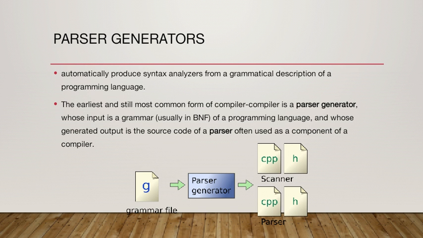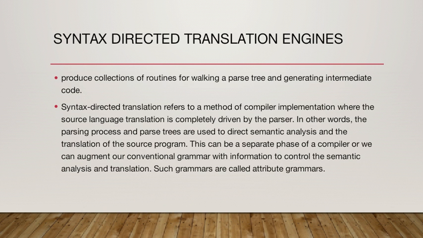The earliest and still most common form of compiler-compiler is a parser generator, whose input is a grammar, usually in Backus-Naur form, of a programming language, and whose generated output is the source code of a parser, often used as a component of a compiler.